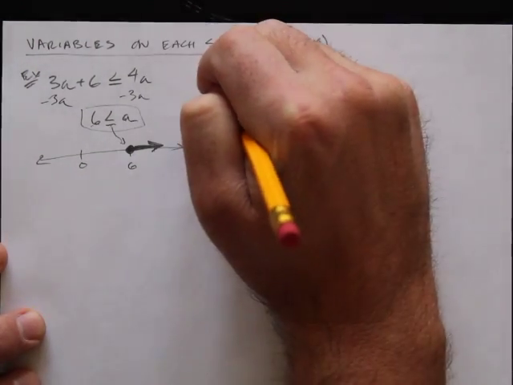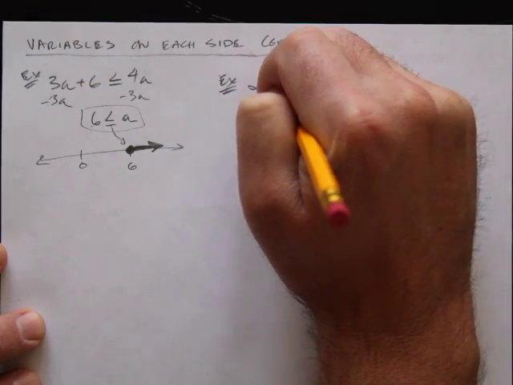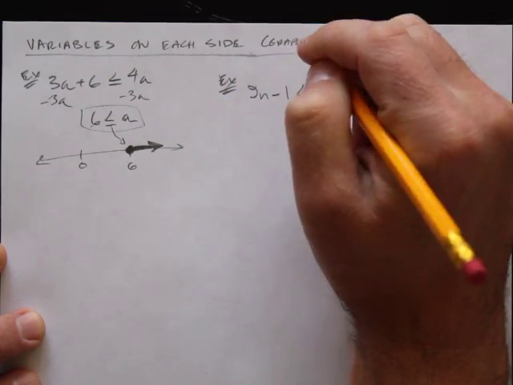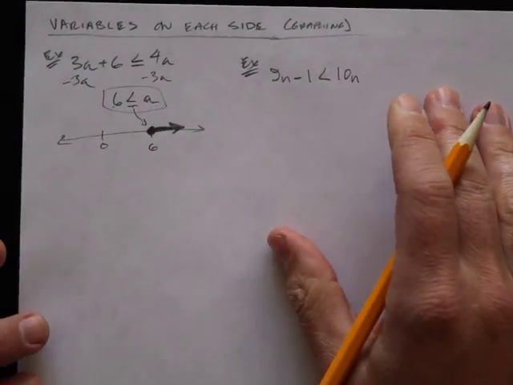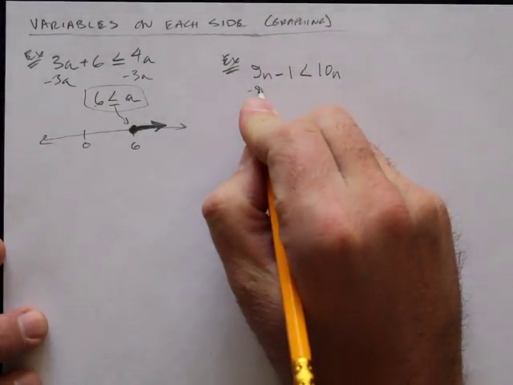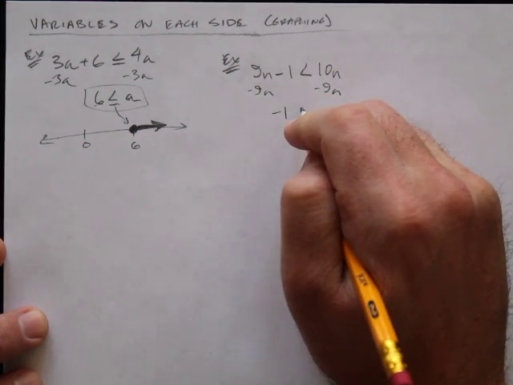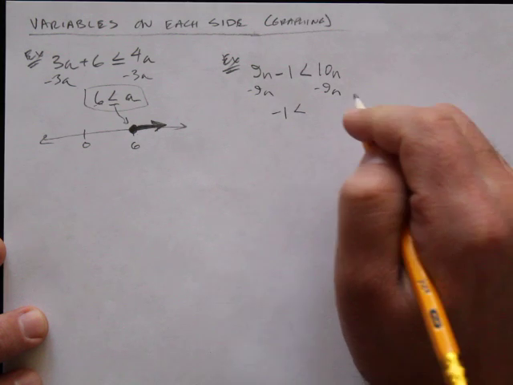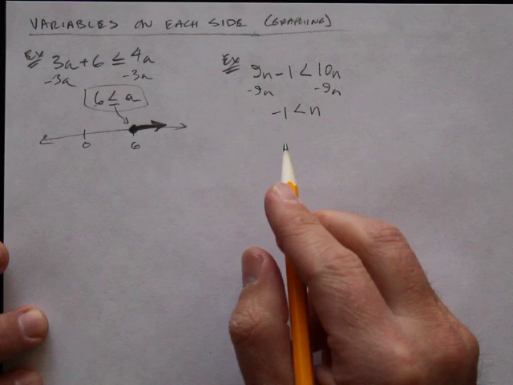Let's do another one together. 9n minus 1 is less than 10n. All right, so for this one I'm going to subtract 9n from both sides. And I get -1 is less than 10n minus 9n, which is 1n, so I've got n.